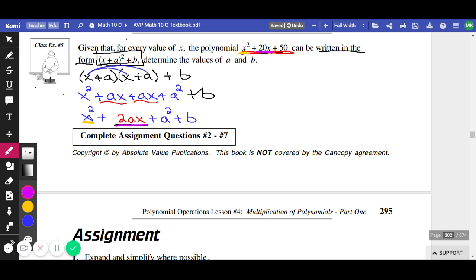Anybody want to take a guess at what they think a must equal? 10. 10. How'd you get 10? Because 2 times 10 equals 20, right? Like it is kind of just like logical more than anything. But I had to have something here that multiplied by 2 would give me 20. That means a equals 10.